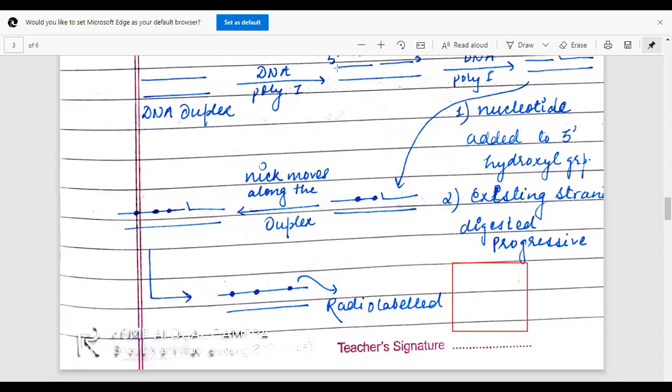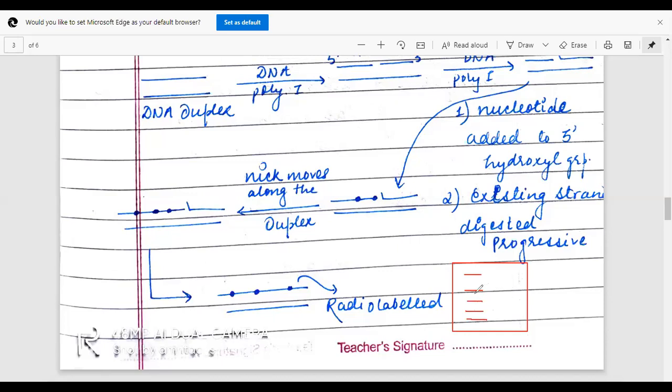After the addition of this we can get various bands, for example on this X-ray film. There are various bands, and they are going to be hybridized.